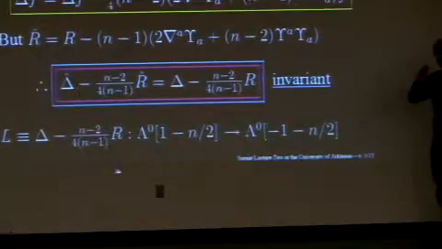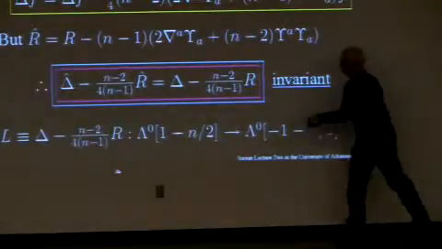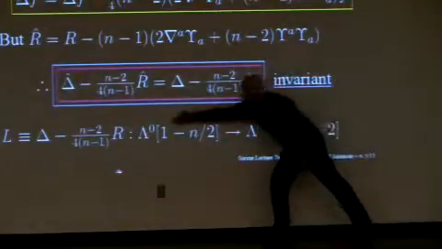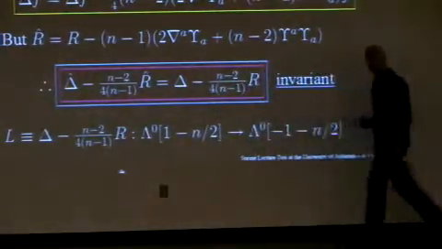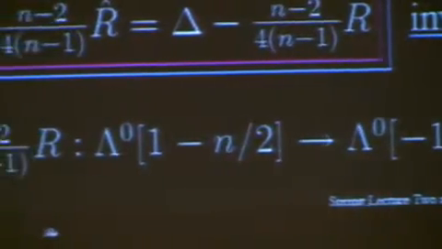One of the notations I want is a notation for the bundle of densities of a particular weight. That's my notation, putting the weight in square brackets like that. But the weight changes. This is an operator between different bundles.